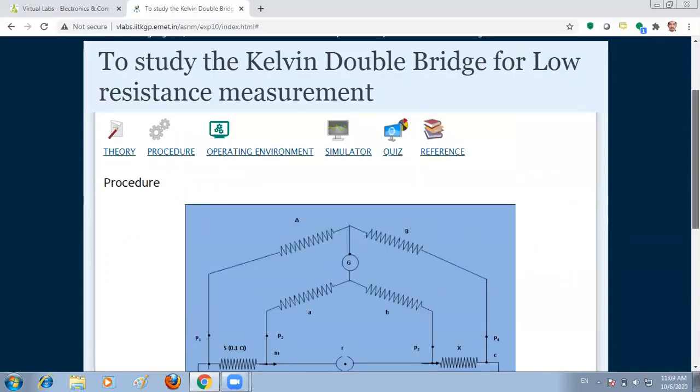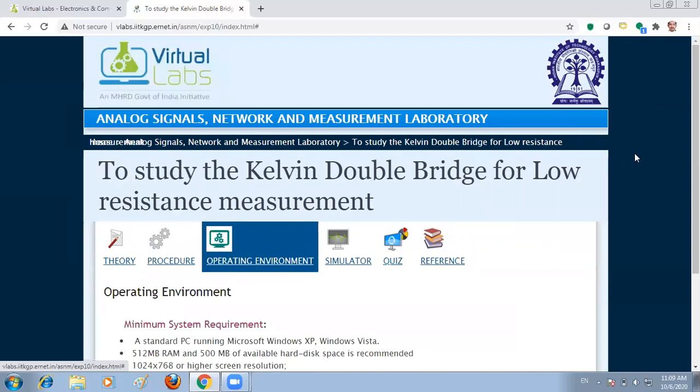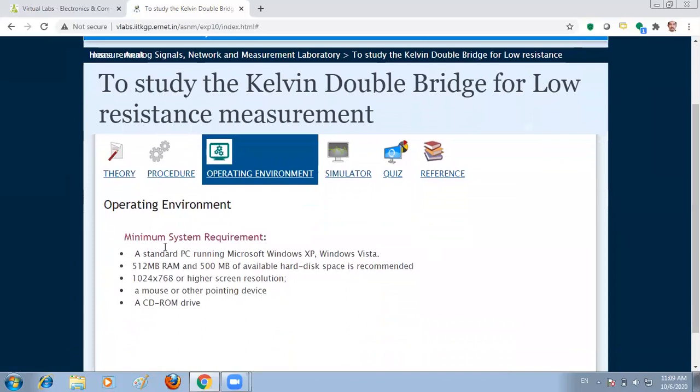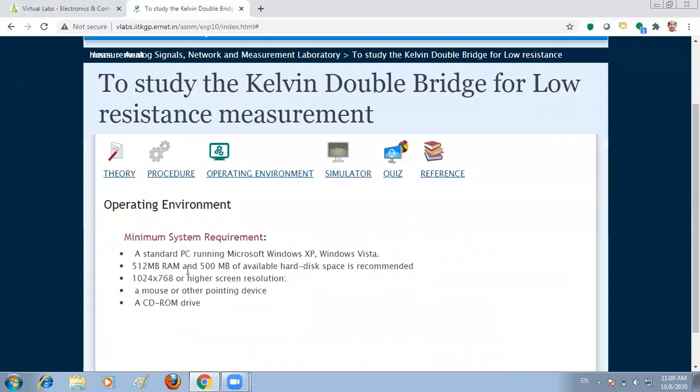These few steps are given. We will see in the simulator. To perform this experiment on a system, this is the minimum system requirement: a standard PC running Microsoft Windows XP or Windows Vista. The RAM details and screen resolution are also given.